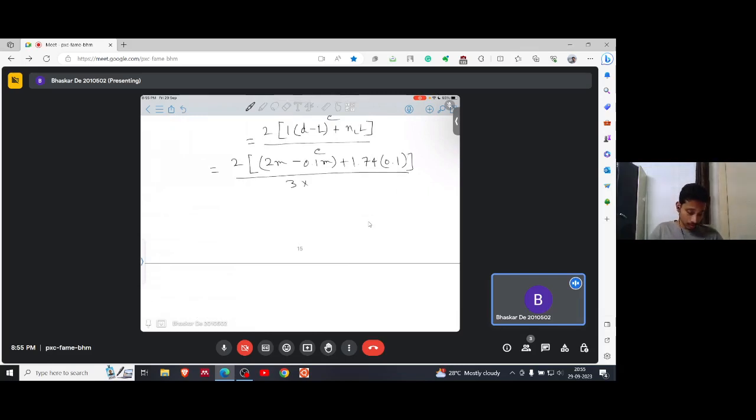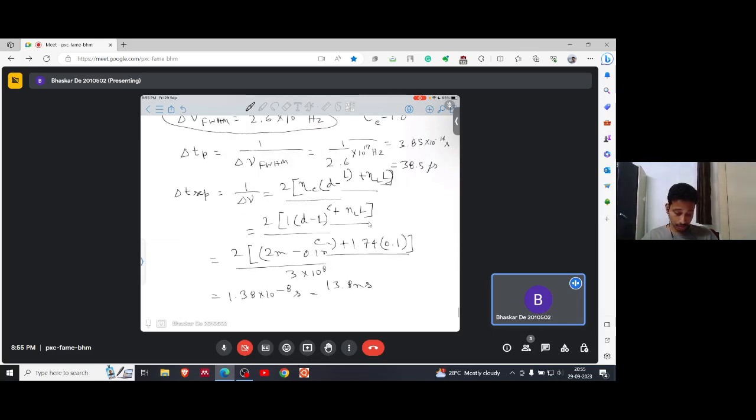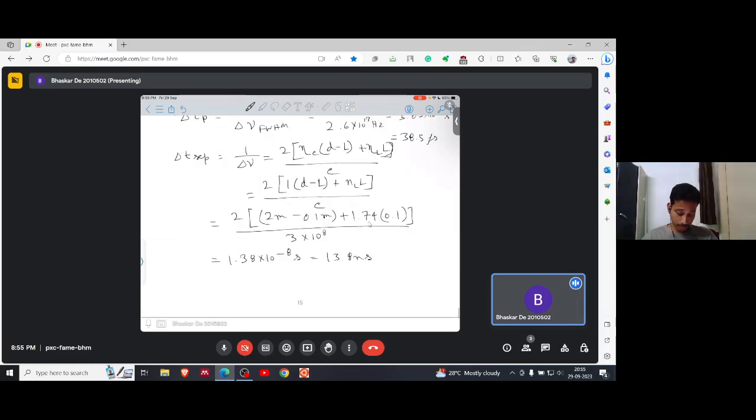So this becomes 3 into 10 to the power 8, 1.38 into 10 to the minus 8 second, it is 13.8 nanosecond. So here we have the separation between the pulses as 13.8 nanosecond, and the pulse width is 38.5 femtosecond.